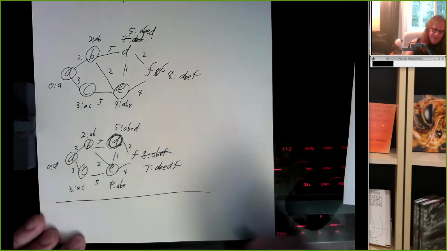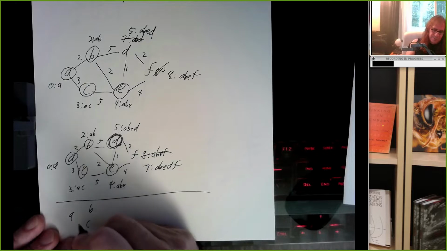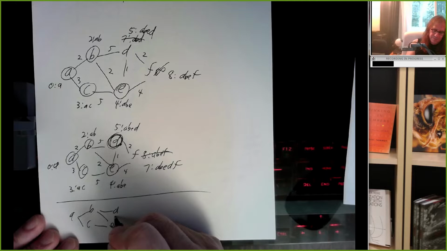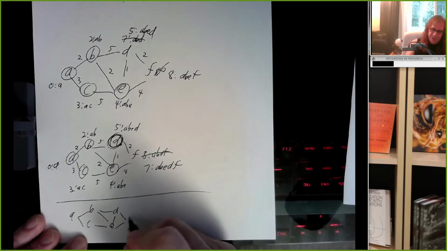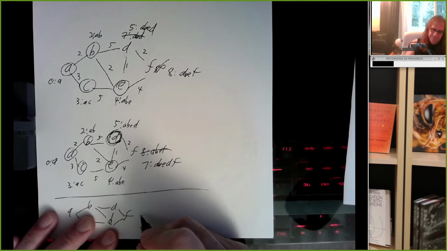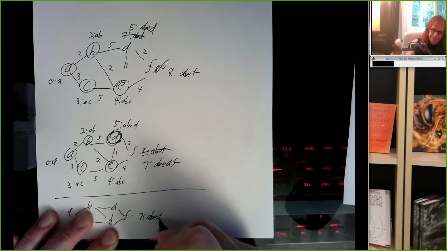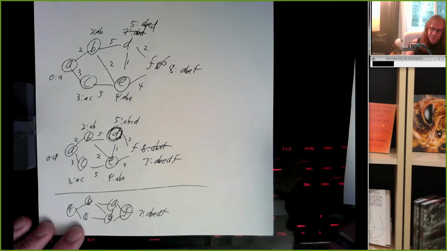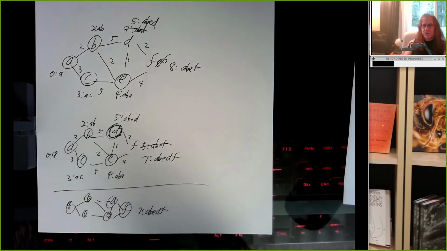And then I would draw this one more time. I won't do the whole thing. And I would just circle F. Because that's the only node that's left unvisited. And once we visit this node, we're done. Right?